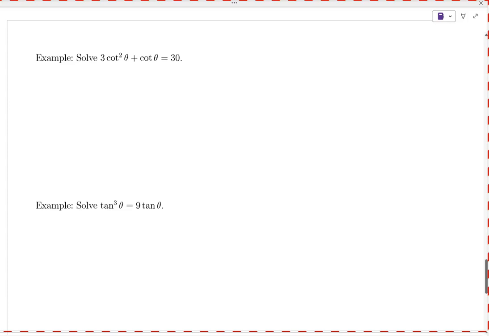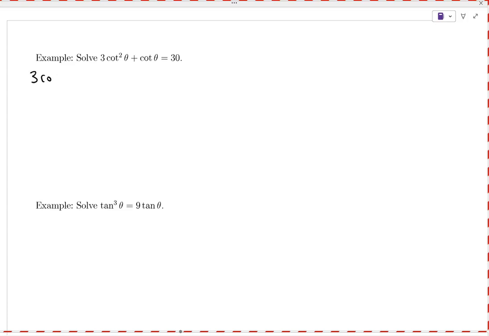We've got 3 cotangent squared plus cotangent equals 30. This one's a little bit different than the previous ones because notice I don't have 0 on the right-hand side, right? So the first thing we need to do is subtract the 30. That has to be step 1.